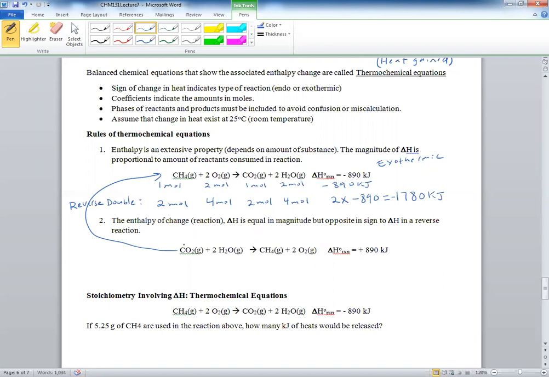If I reverse this reaction, I get positive 890 kilojoules. Because remember, that same amount of energy now is put back into the system to go back to the reactants. So look what I did: I reversed this reaction. Now I have the reactants as products and the products as reactants.